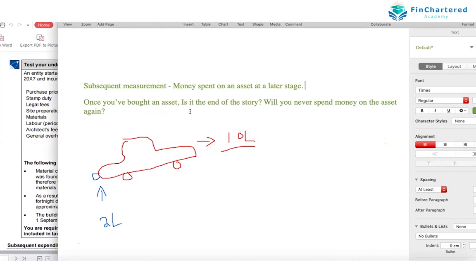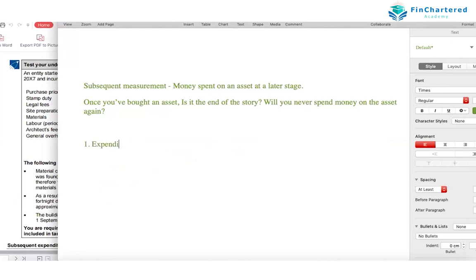Now, this falls into two categories, guys. Category 1 is expenditure that will enhance and improve the asset.